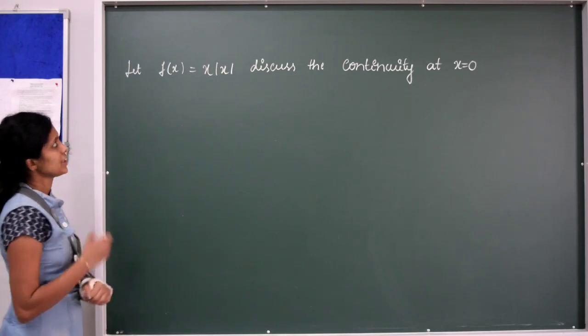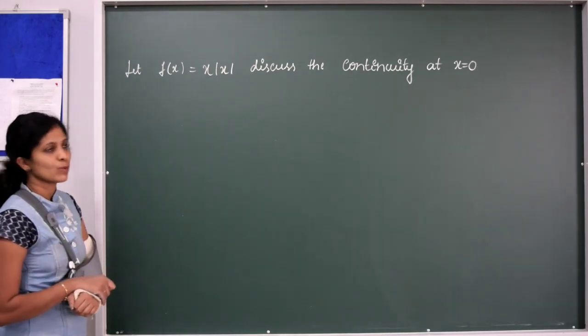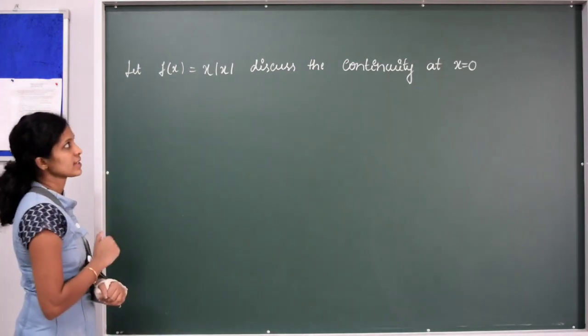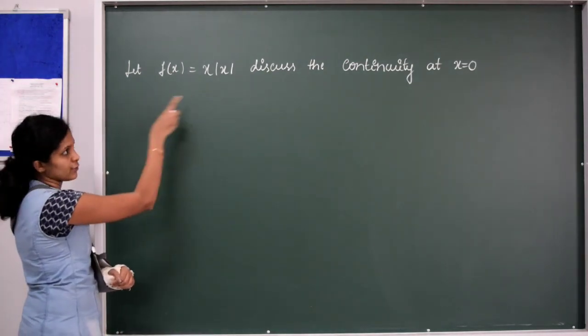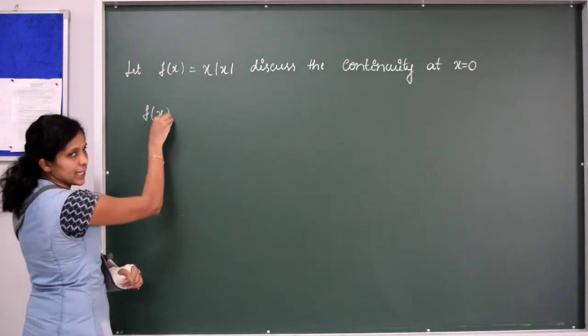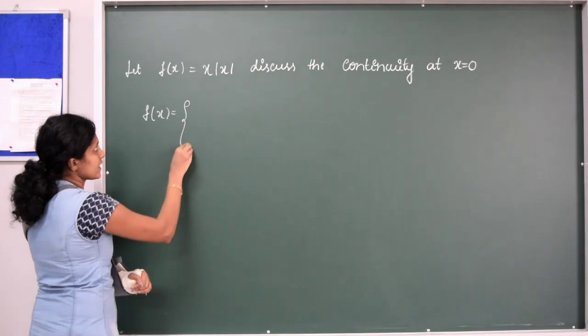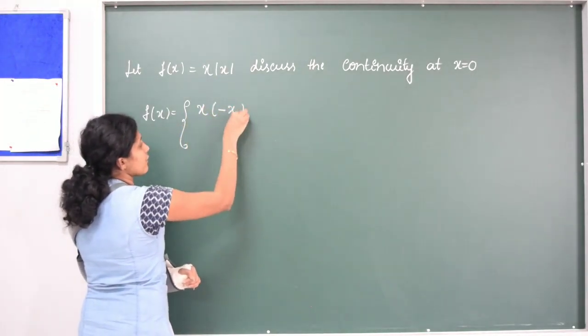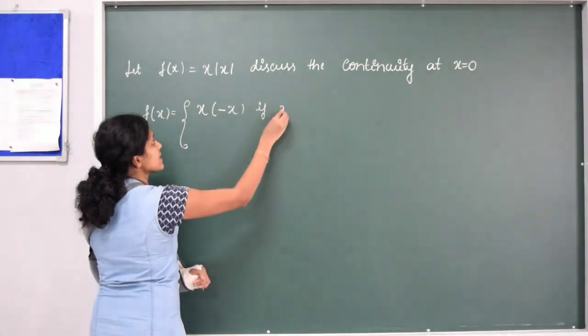Next question, simple it is. Let f of x is equal to x mod x and discuss the continuity at x is equal to 0. We need to discuss the continuity. So first we will define the function at x is equal to 0. The function f of x we can define as: x into mod x will be minus x if the value of x is less than 0.